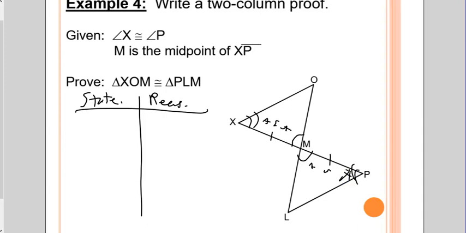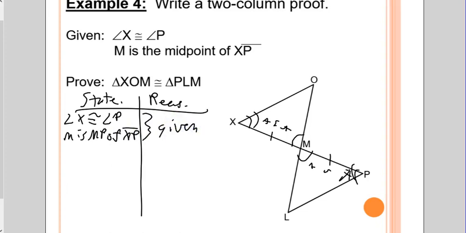Okay, so we give our statements first. Given angle X congruent to angle P. M is the midpoint of XP. Those are both given. That's all we have to write.